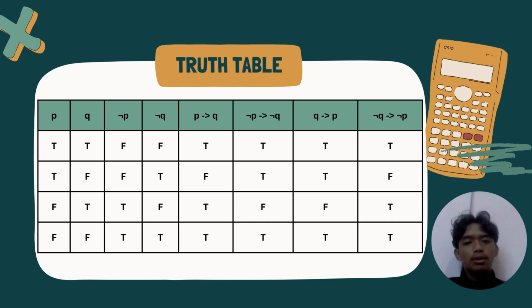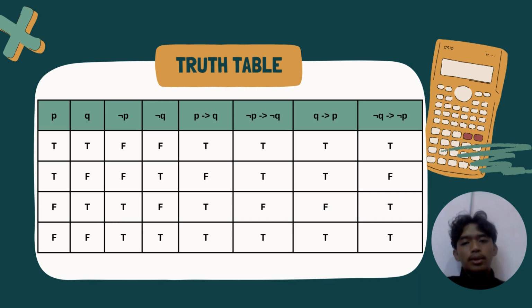So why does contrapositive have the same values as the conditional? It is because contrapositive actually undergoes both converse and inverse. So from the conditional, we converse the conditional and we get true, true, false, and true, which is almost the same as inverse.